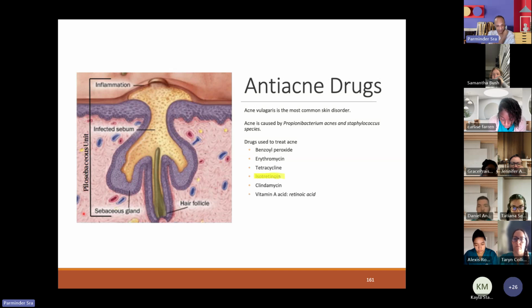Then there are retinoids, topical retinoids. Examples are your tretinoin, adapalene. They promote cell turnover to prevent clogged pores. They can be used for both non-inflammatory and inflammatory acne.